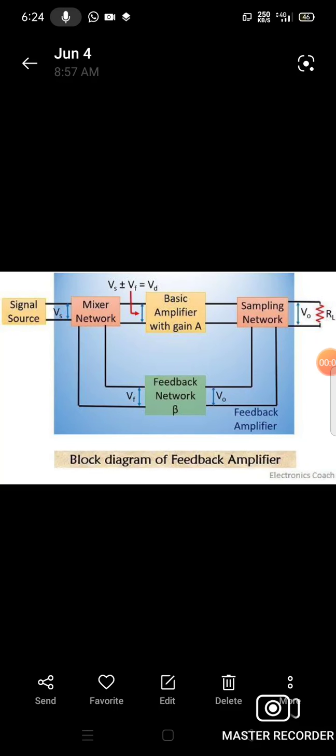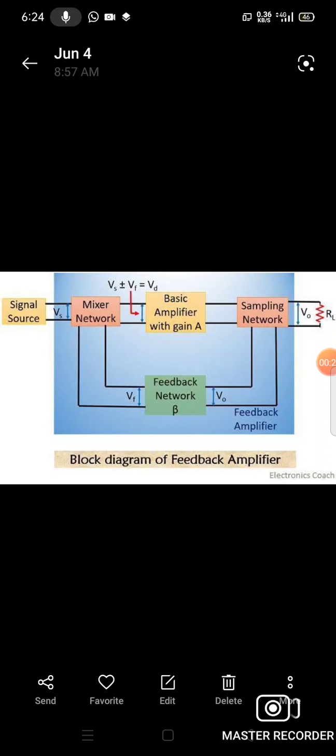This is the block diagram of a feedback amplifier. In this, we have five blocks to perform the amplification operation with feedback connections. In the diagram, the first block is the signal source, and the second block is the mixer network.